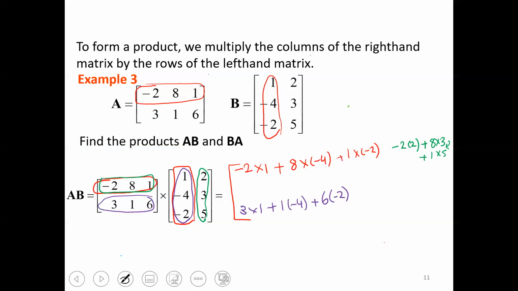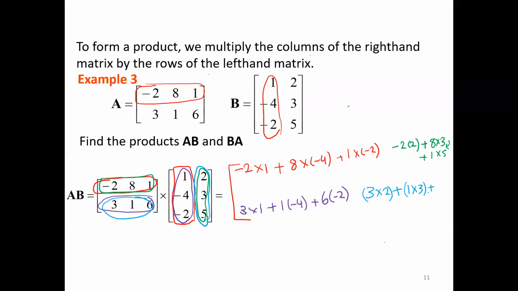It's going to be the second row with the second column. Maybe too many colors for you, just to show you how to work it out. There's going to be 3 times 2 plus 1 times 3 plus 6 times 5. And we close the matrix. Then we find the result for it.